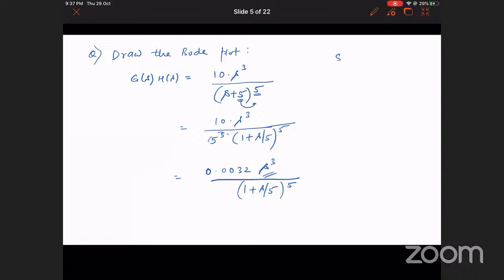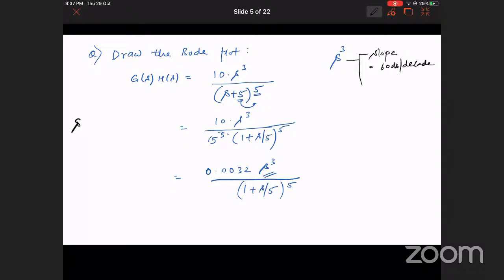So the very first priority I'm going to give is s cube. Then I'm sure you remember, if there are 3 zeros at origin, how does that contribute in slope, guys? It is 3 times 20, that is 60 decibel per decade.